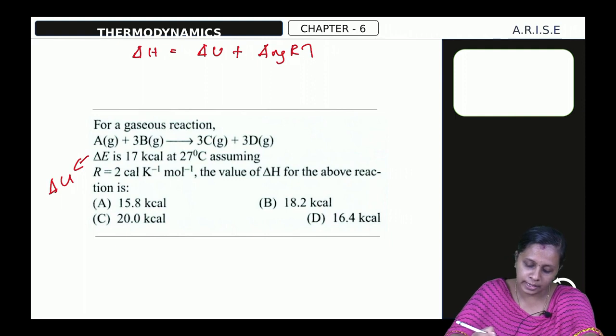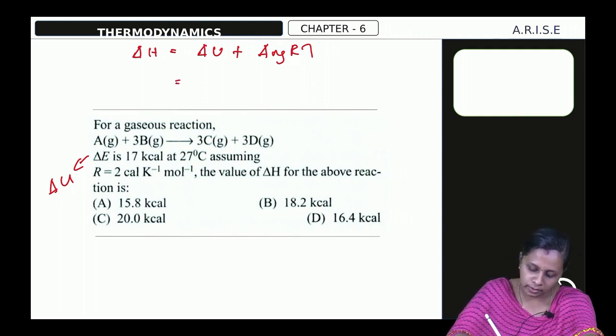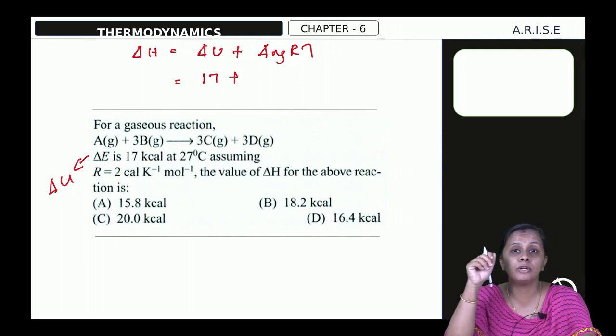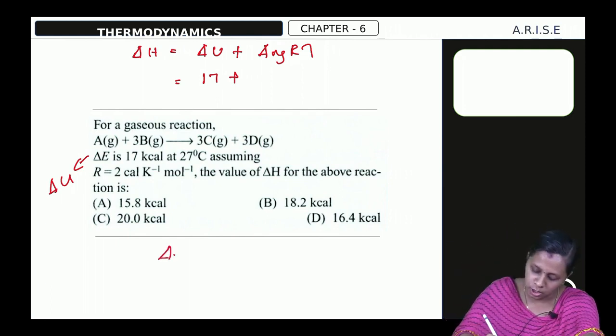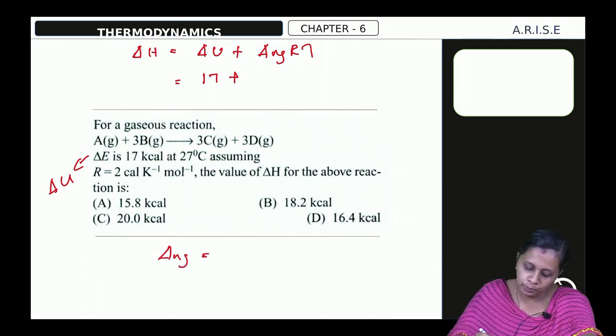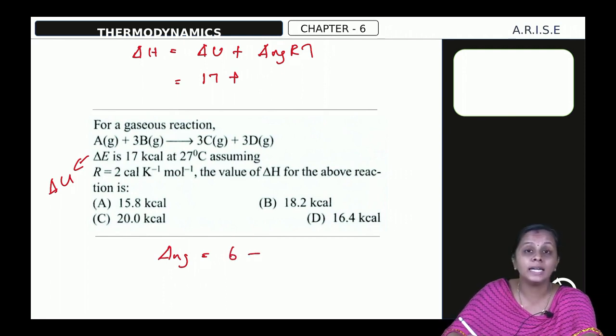We are asked to find out delta H. So I am substituting delta U in kilocalories itself, that is 17 kilocalories. What is delta Ng? It is number of moles of gaseous products minus number of moles of gaseous reactant. So delta Ng is equal to number of moles of gaseous products, 3 plus 3, that is 6, minus 3 plus 1, that is 4.